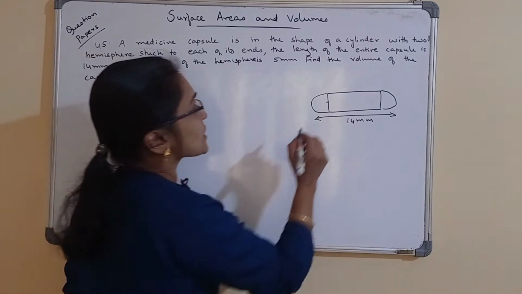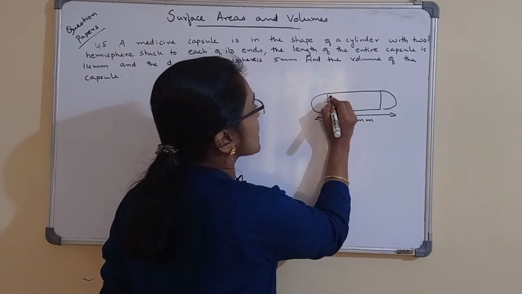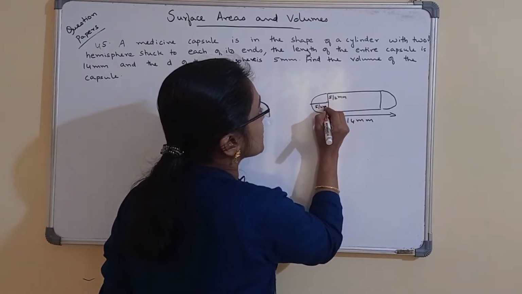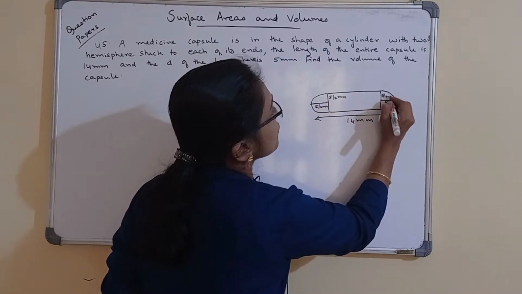Diameter of the hemisphere is 5 millimeter, that is, this diameter is 5 millimeter, means radius will be 5 by 2 millimeter and this height will be 5 by 2 millimeter. So this will be 5 by 2 and this is also 5 by 2.